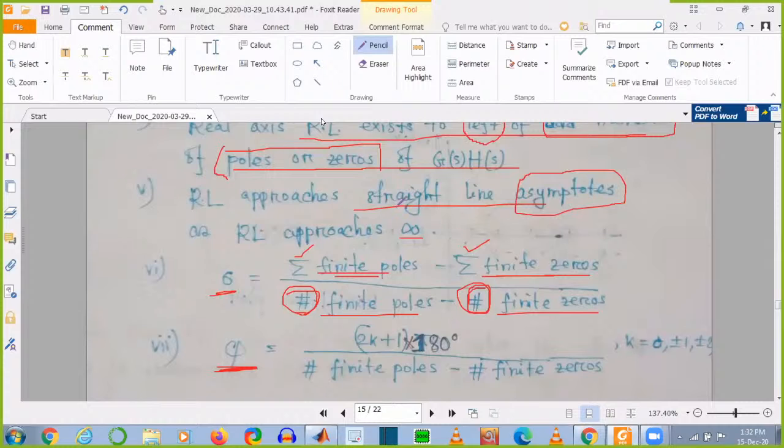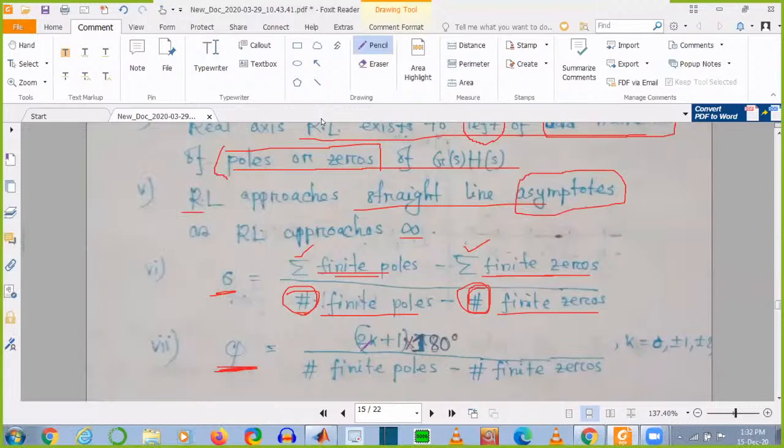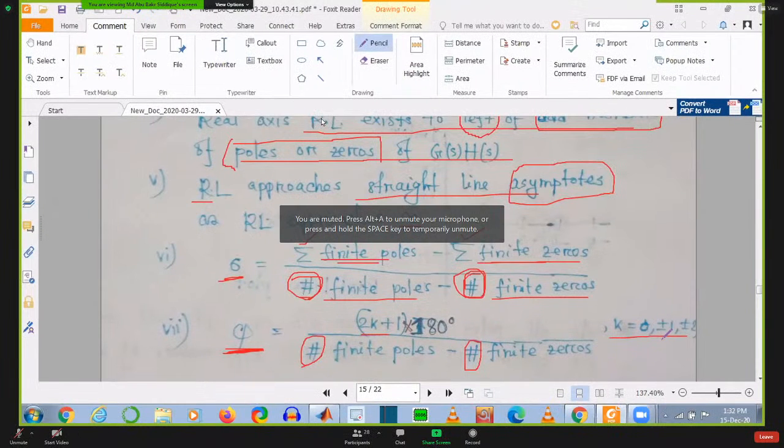Asymptotes means root locus. The formula is (2k plus 1) times 180 degrees divided by the number of finite poles minus the number of finite zeros, where k equals 0, plus or minus 1, plus or minus 2.